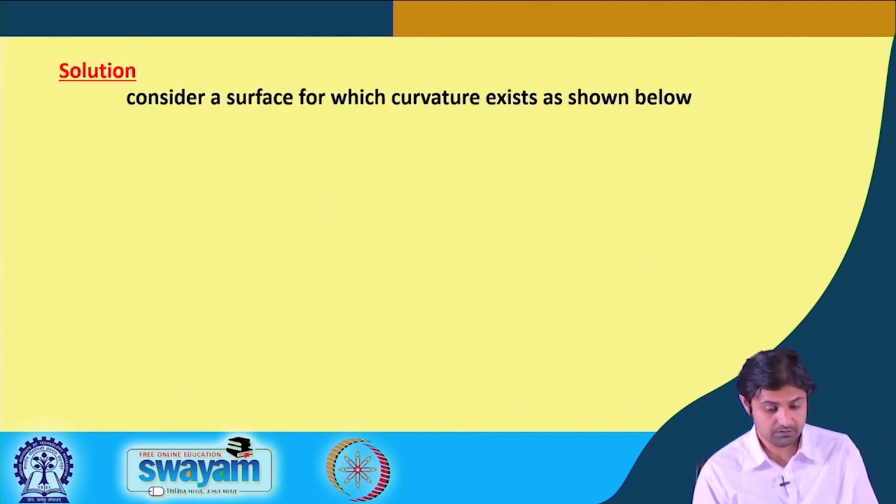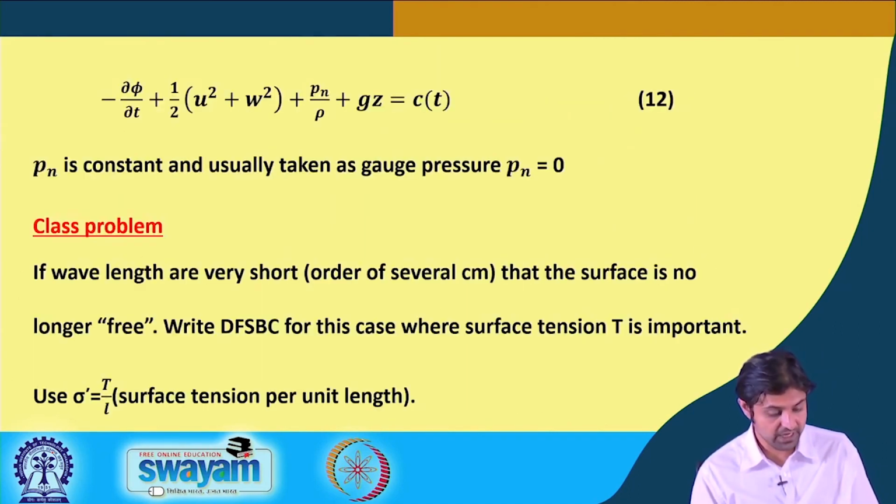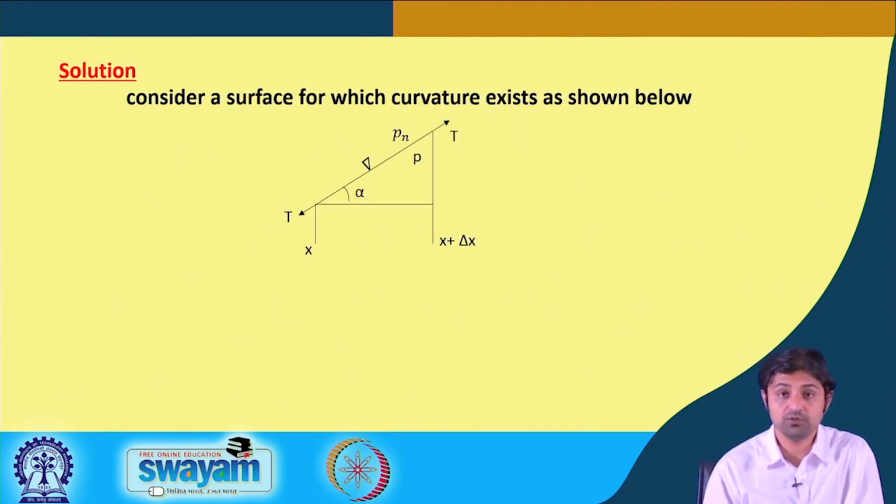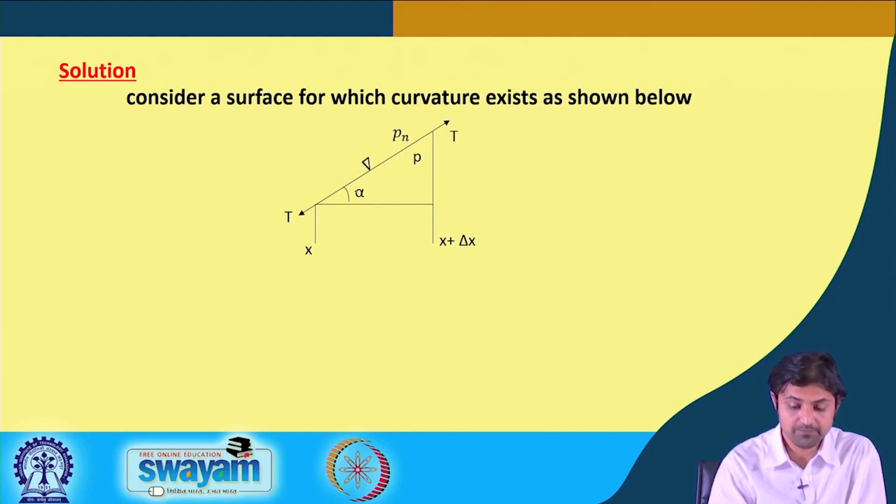So, to be able to do that, I will solve the dynamic free surface boundary condition in this case. Consider a surface for which the curvature exists and is as shown below here. All right. So, this is T, and this is alpha, and the gauge pressure is P n, and we have considered this distance delta x.